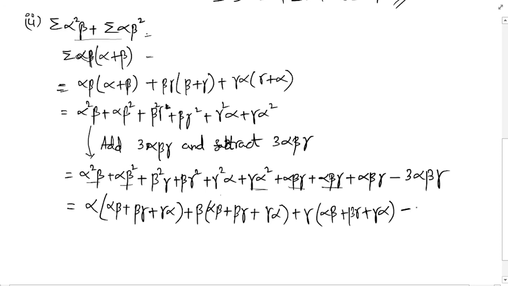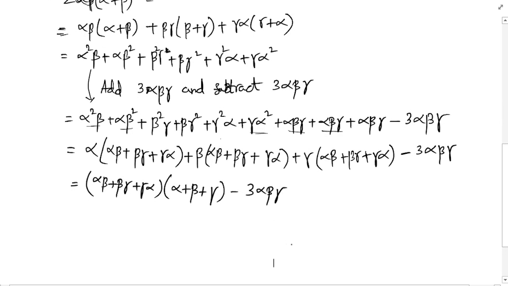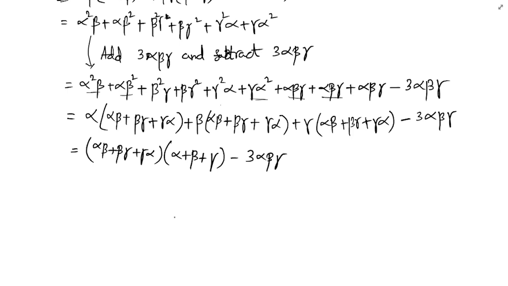Then this minus 3 alpha beta gamma will remain as it is, and then we can take alpha beta plus beta gamma plus gamma alpha as common here. So the remaining things will be alpha plus beta plus gamma minus 3 alpha beta gamma. Now we'll go to the first bit and check.